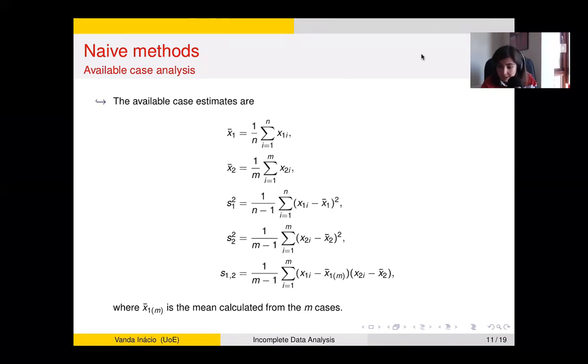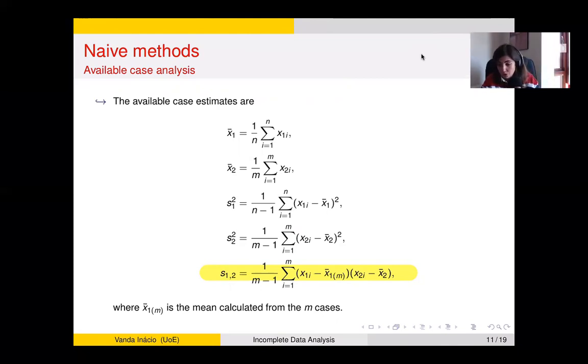And here in this expression, the sample covariance between x1 and x2. This is the general expression, but note that here we are not using all n individuals available for the mean of x1, but only the data for the first m individuals, the m individuals that have complete information on x1 and on x2.